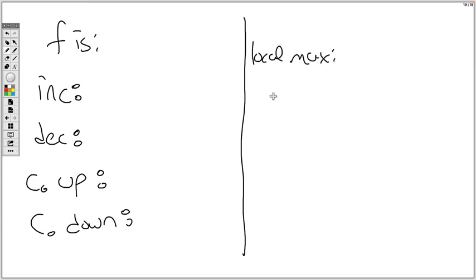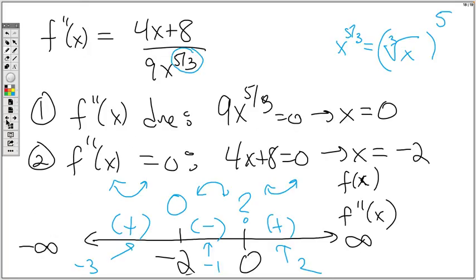Any local max, any local min. I'll give myself some room here. Any inflection points. Okay. So increasing and decreasing, local max and local min, we go back to the first derivative for that, local linearity.